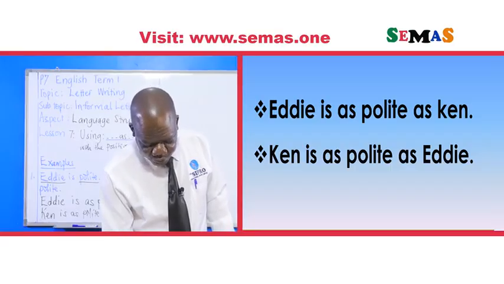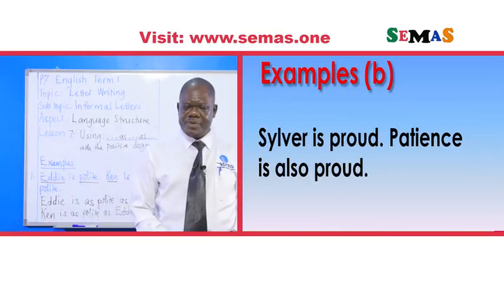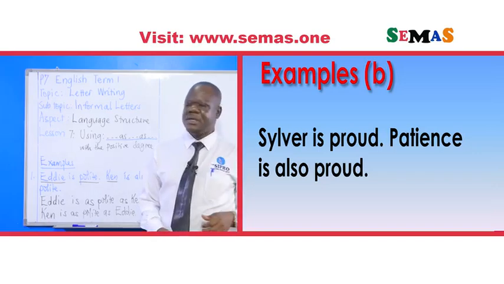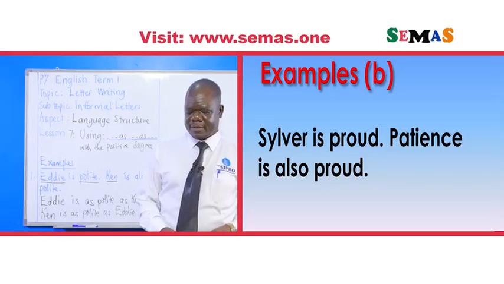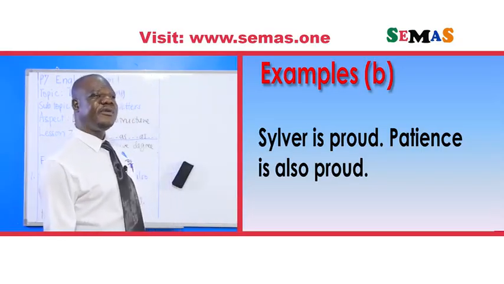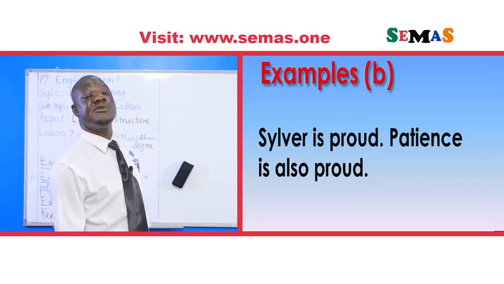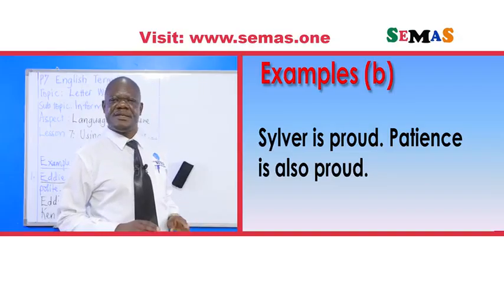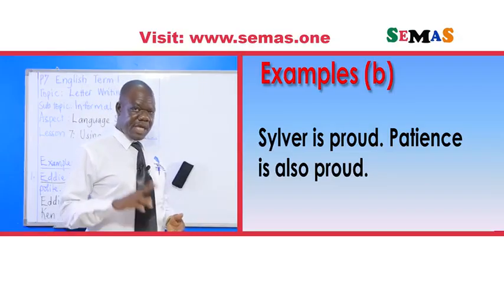Example number 2. Silva is proud. Patience is also proud. We use the same technique here. The example is there. Silva is proud. Patience is also proud. The degree of pride is the same in these two people.